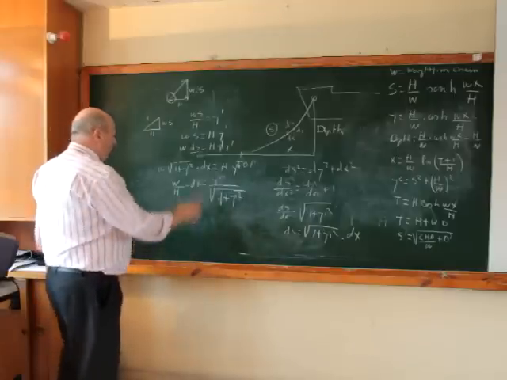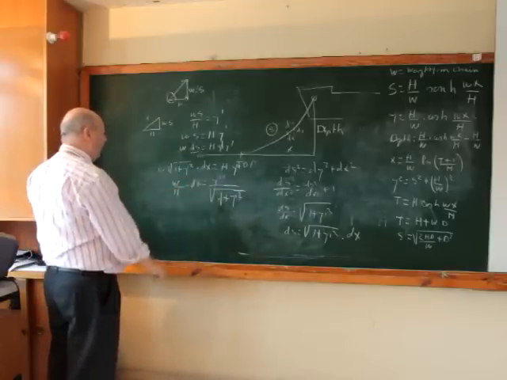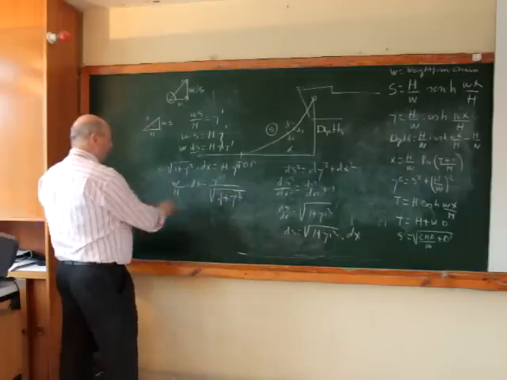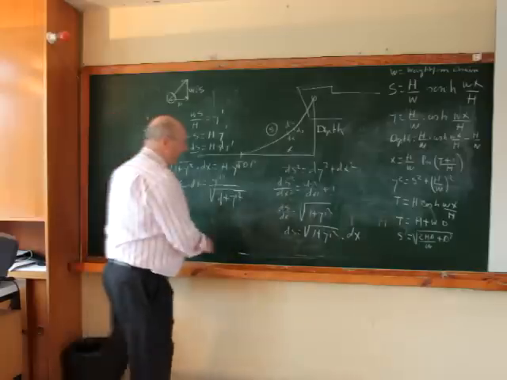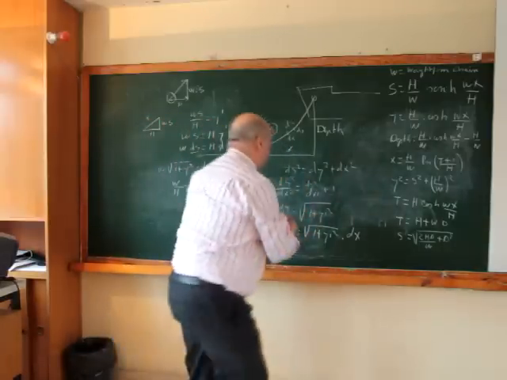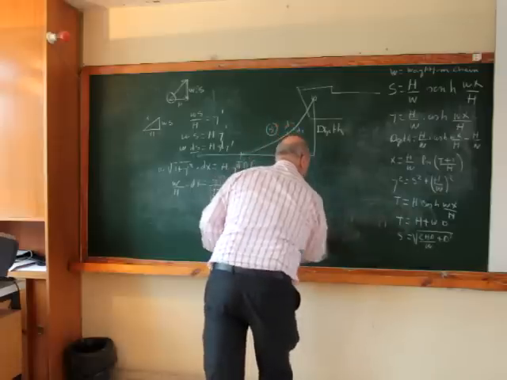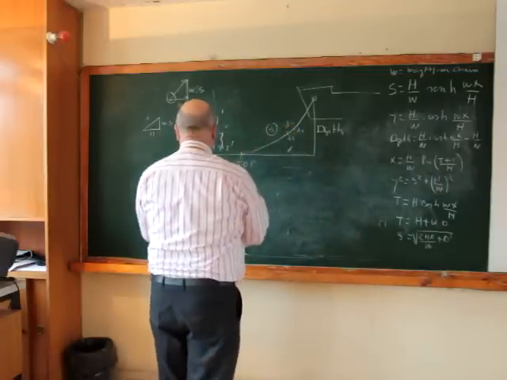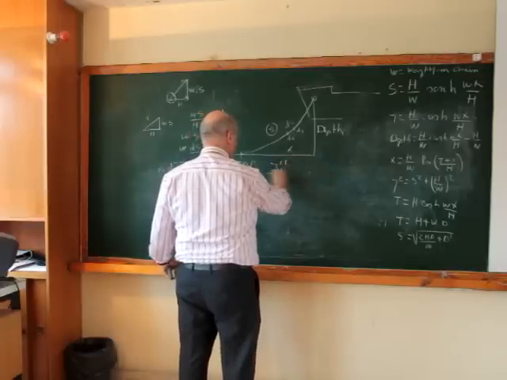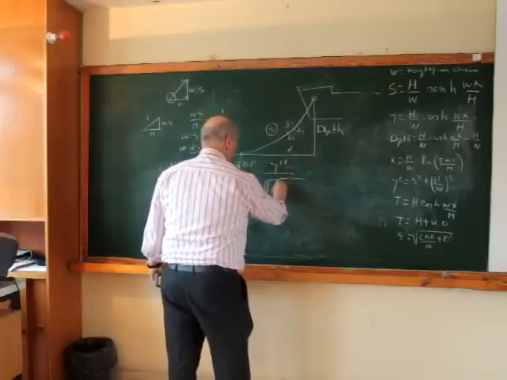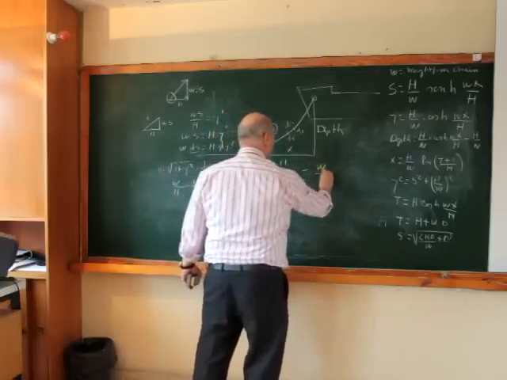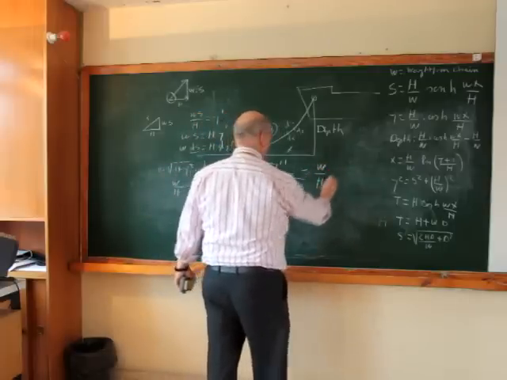For those who remember integration, now we have to integrate both sides. I'm going to erase this. And we get dy prime divided by the square root of the first derivative squared plus 1 equals w divided by h by dx.